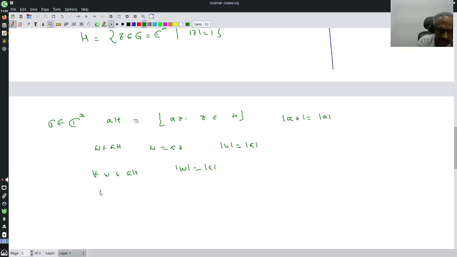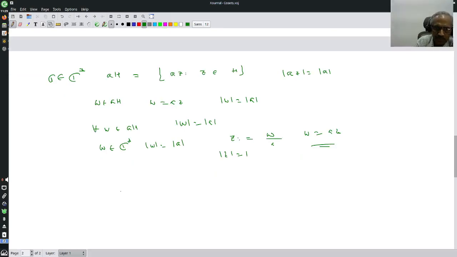Conversely, if you give me a w in C star so that mod w equals mod a, let us define z equal to w by a, then mod z will be 1. Therefore I can write w equal to a times z. So now I have a geometric description: this is the set of all w in C star so that mod w is the same as mod a.